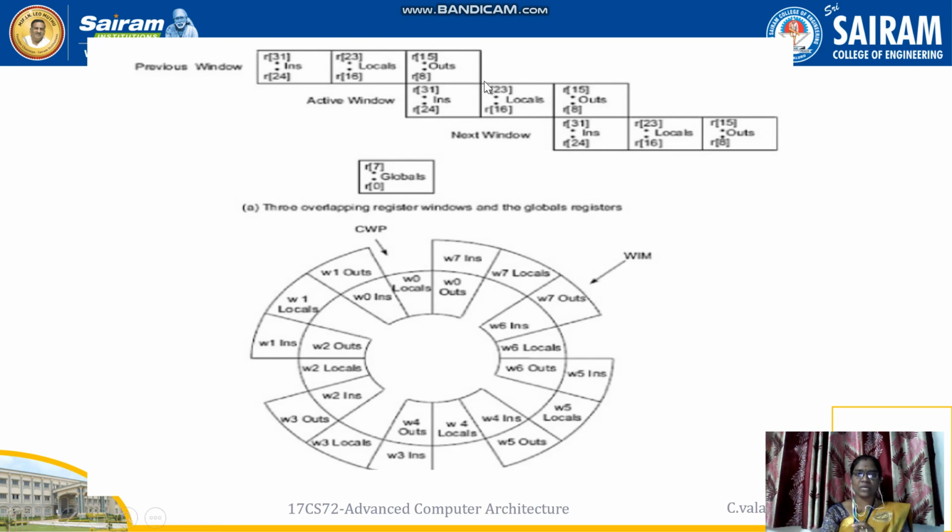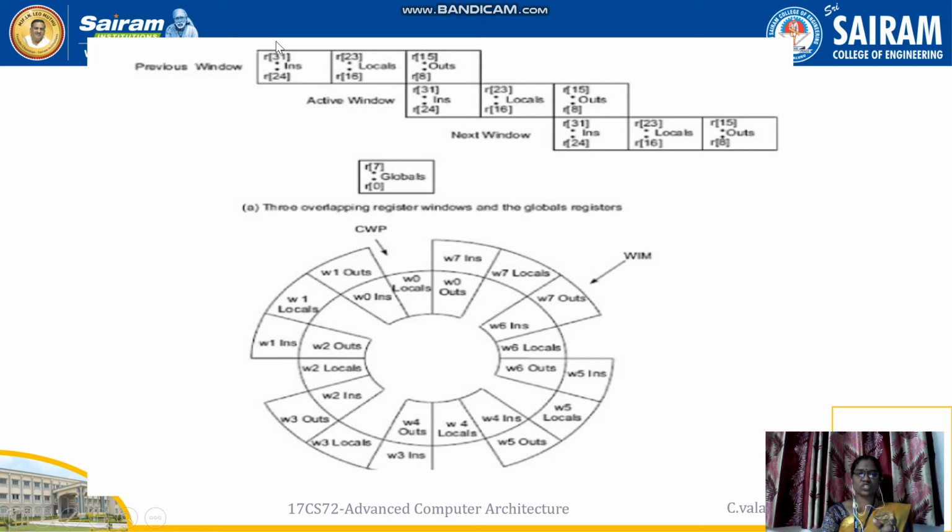Then the remaining R8 to R31 are called window registers. These window registers are divided into 3 sections. Each section has 8 registers. They are divided using the labels: ins registers, locals registers and outs registers.